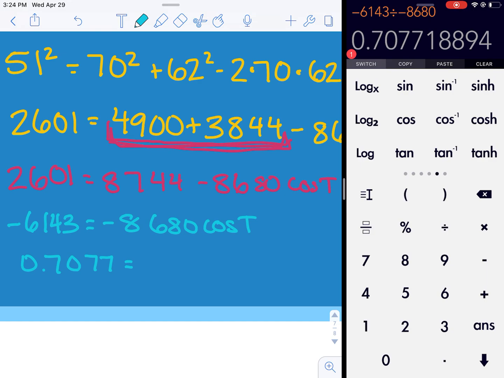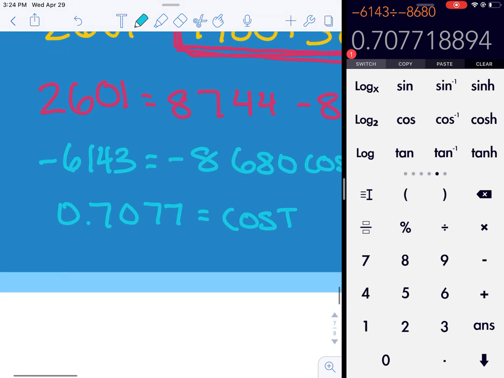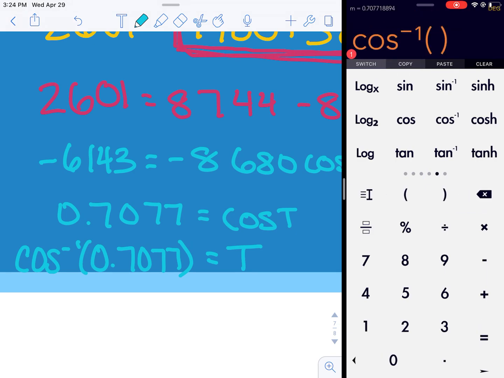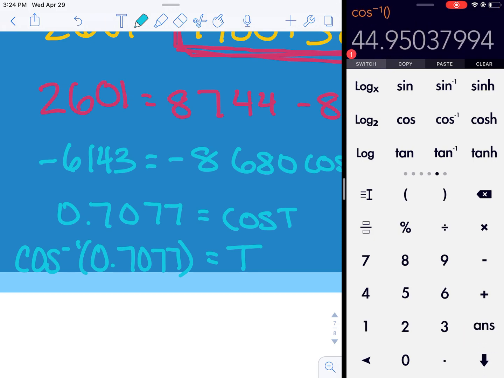I'm going to write down just 4 digits of it, but I'm going to use the entire thing. To get rid of cosine but leave the T behind, I have to do the inverse cosine. So I have inverse cosine, that decimal equals T. And I'm going to copy the entire thing. Even though I only wrote out 4 digits, I'm using the entire thing so I don't get a rounding error. And T has to equal 44.95 degrees.